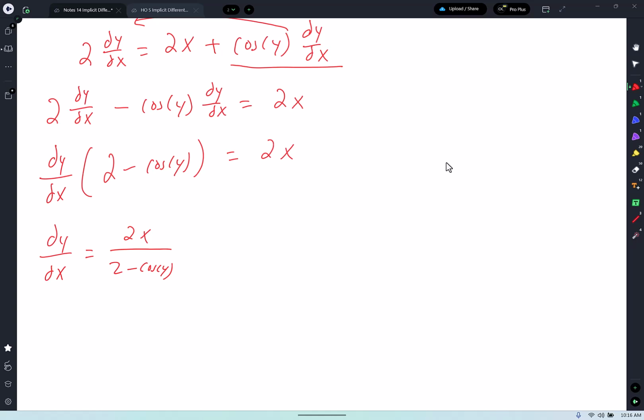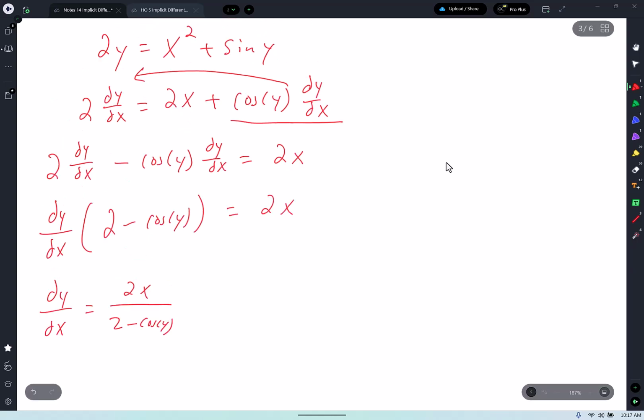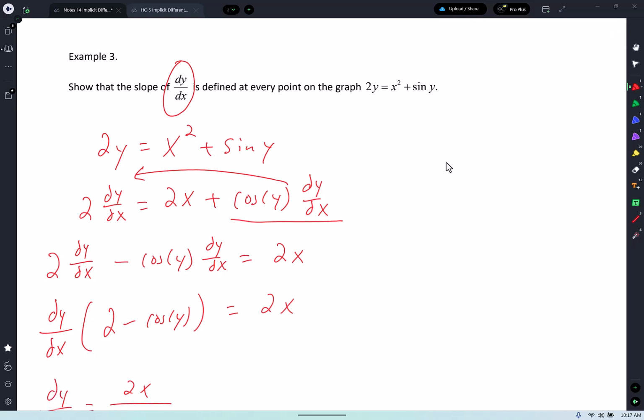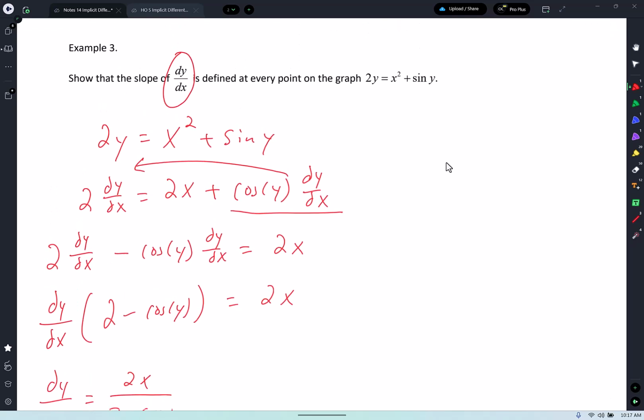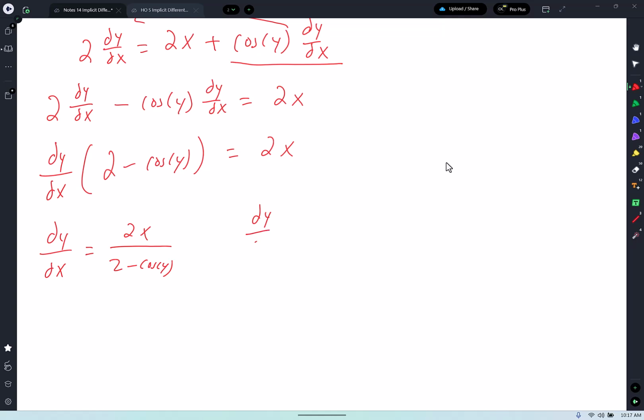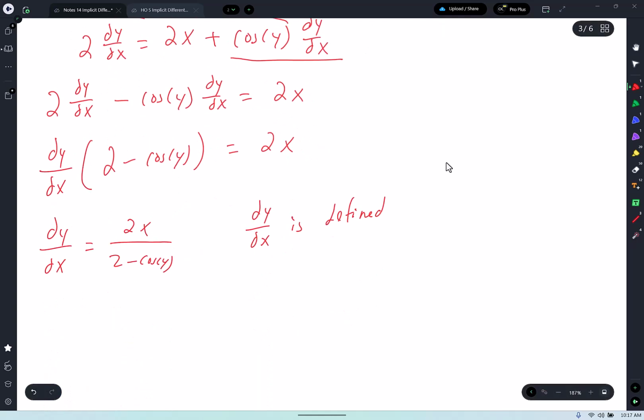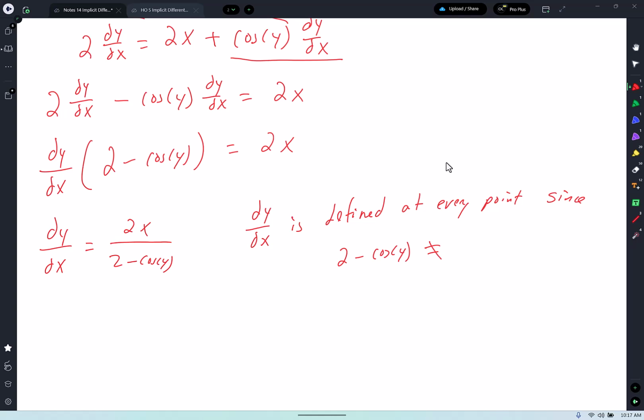Okay, so let me see, what word am I going to use? Show that the slope dy dx is defined at every point, since 2 minus cosine y will never equal 0, period.